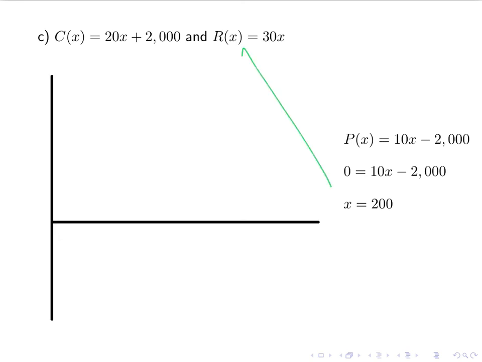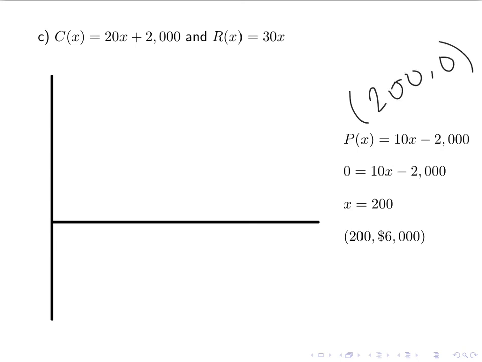Plug that into the revenue or the cost. Again, it shouldn't matter which one you do it to. Either way, you should be getting 6,000. So for the cost and revenue function, we have the point 200 comma 6,000. And for the profit function, we have 200 comma 0.